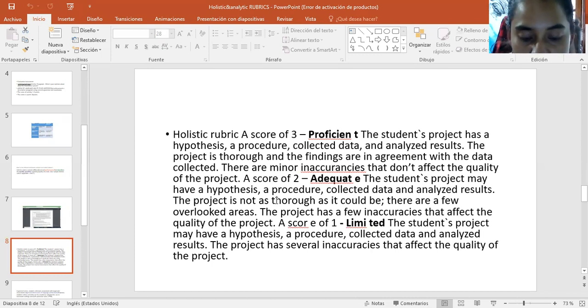The next category could be to know if students have an adequate score. The next category could be the limited level, if the students have a limited level of performance.